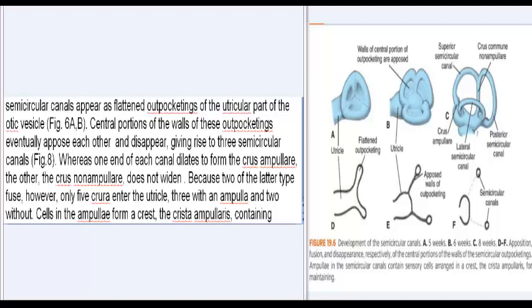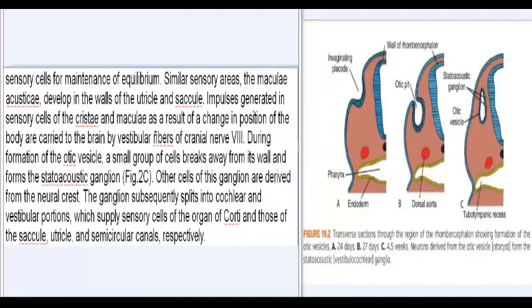Whereas one end of each canal dilates to form the crus ampullare, the other, the crus non-ampullare, does not widen. Because 2 of the latter type fuse, however, only 5 crura enter the utricle, 3 with an ampulla and 2 without. Cells in the ampullae form a crest, the crista ampullaris, containing sensory cells for maintenance of equilibrium.